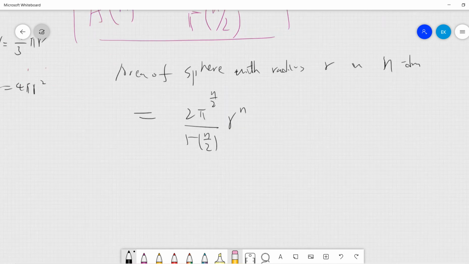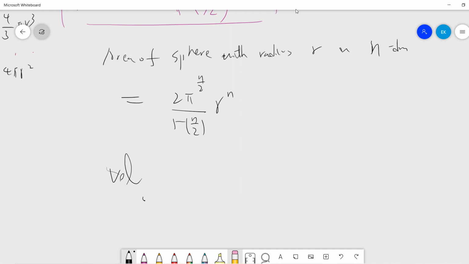So the volume of radius r, you just integrate with respect to r. So this is r to the n minus 1, and we just integrate with respect to r.